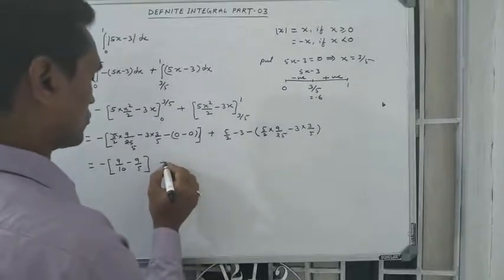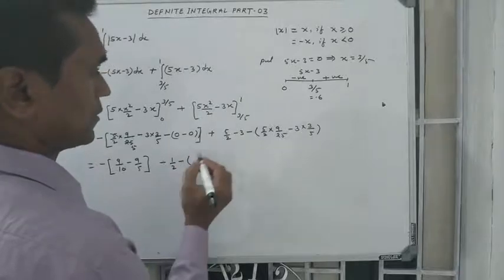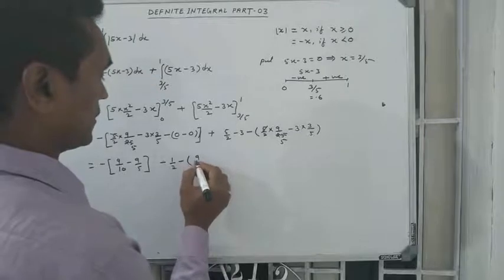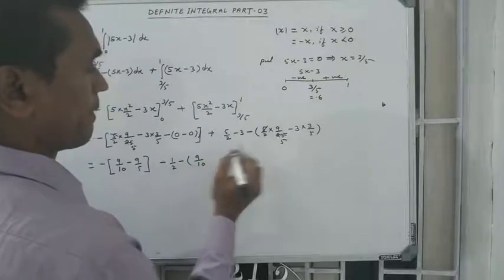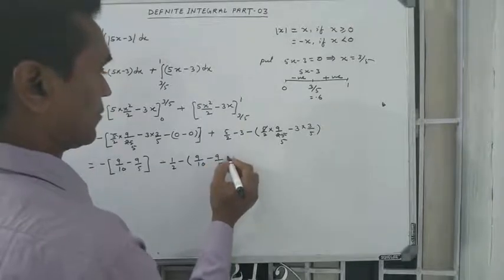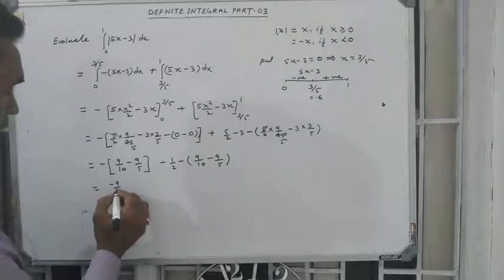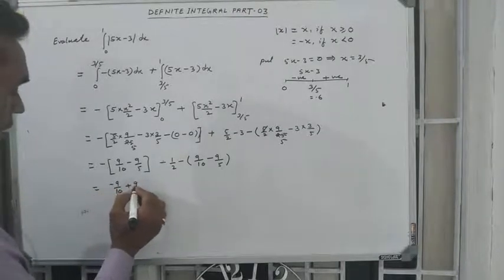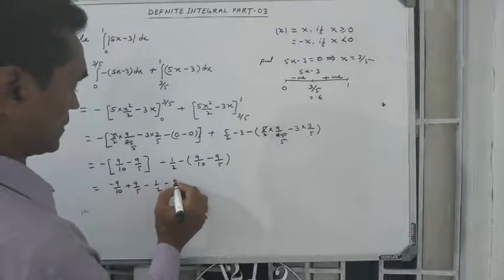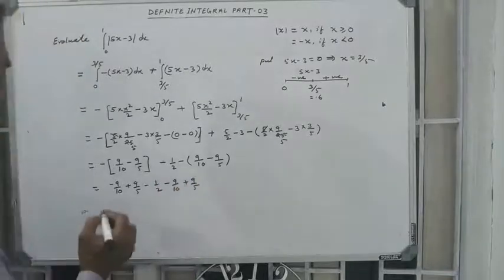The minus sign cancels, so 9 by 10, and here minus 9 by 5. So minus 9 by 10 plus 9 by 5 minus 1 by 2 minus 9 by 10 plus 9 by 5.